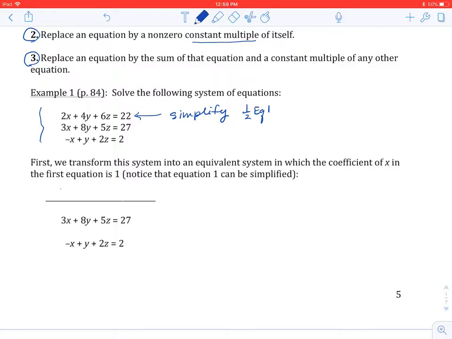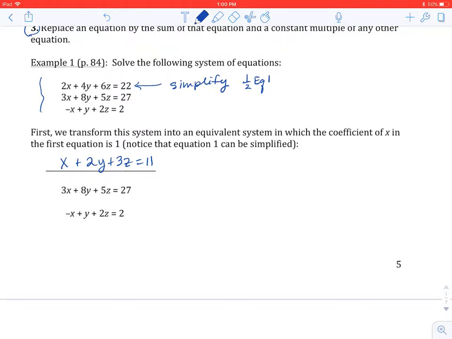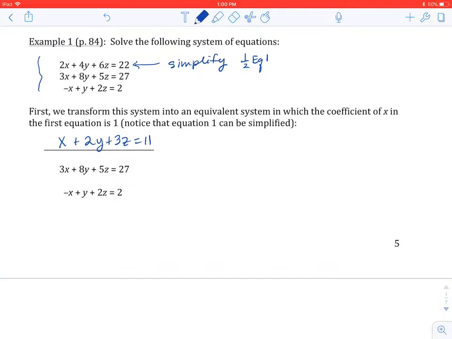When we do that, we get x plus 2y plus 3z equals 11. Now we have a new system of equations. We've changed the first equation, and it seems logical that this equivalent system would have the same solution as the original system.